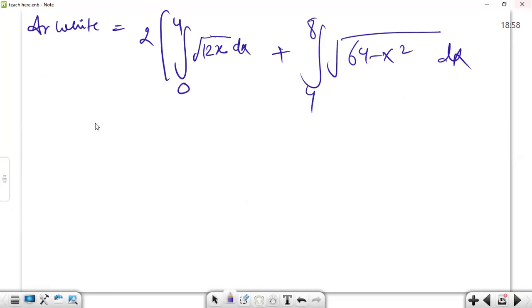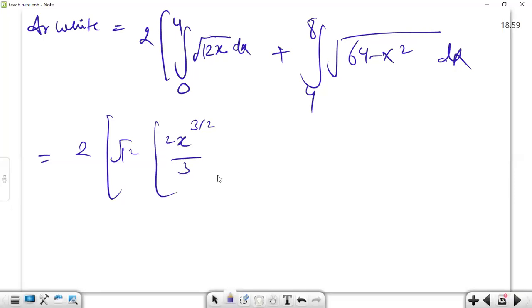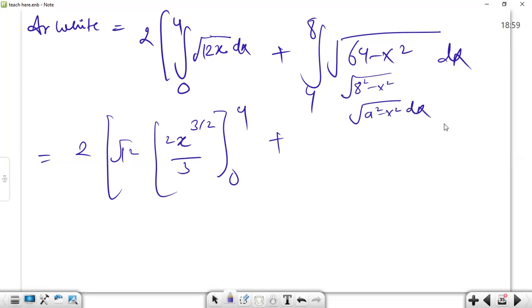Right. So solving it further, 2 into square root of 12 into the integral of square root of x dx, which gives x to the power 3 by 2, limit from 0 to 4, plus the integration of square root of 8 square minus x square dx. Do you remember the formula? No?